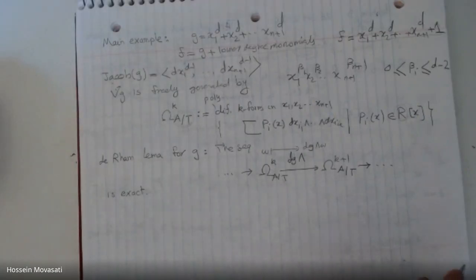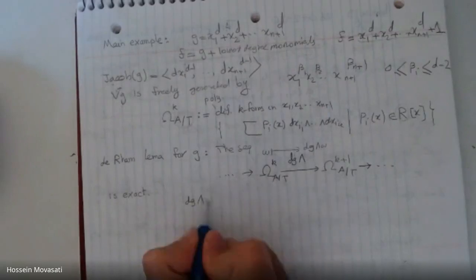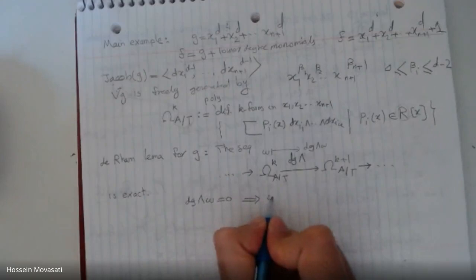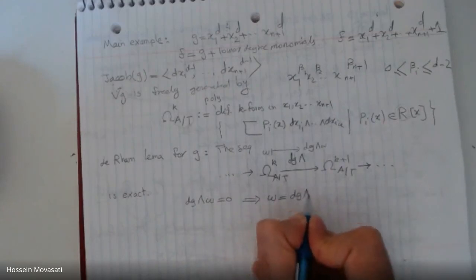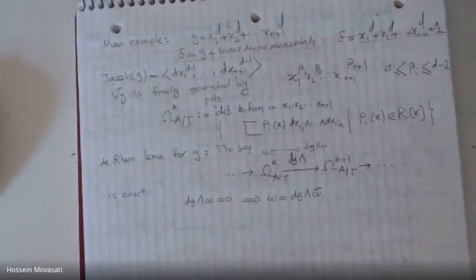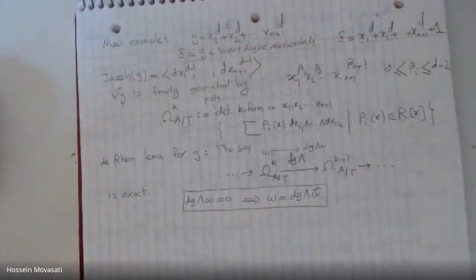In particular, I had promised to do Griffiths' theorem, but I skipped this one. Let's keep in mind this one: if dg wedge omega equals 0, then omega must be dg wedge some other differential form.